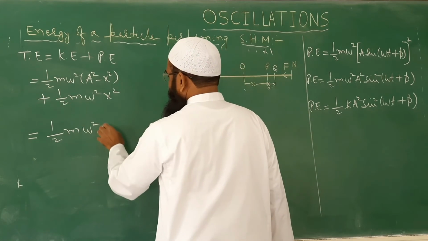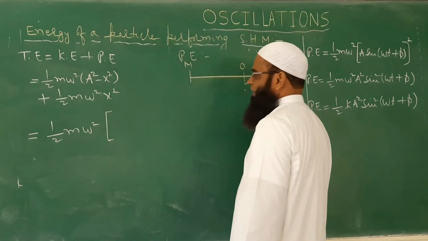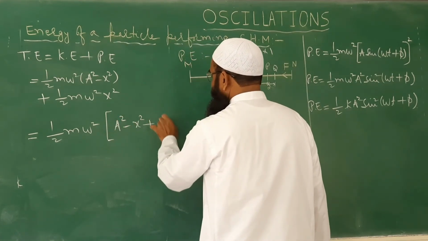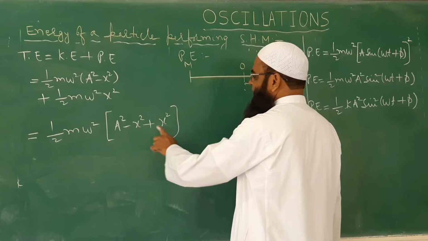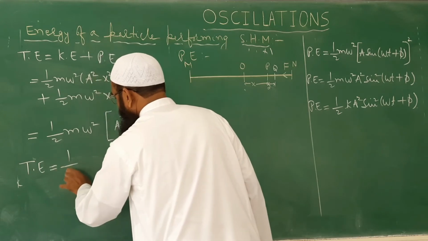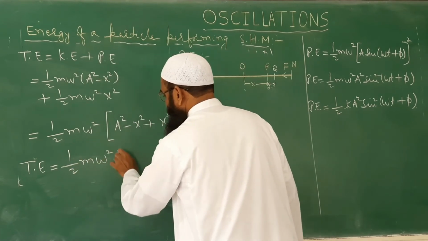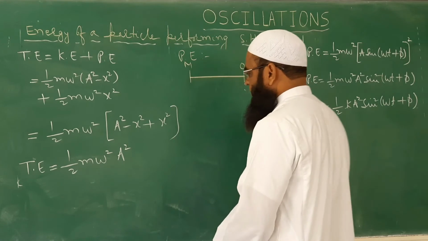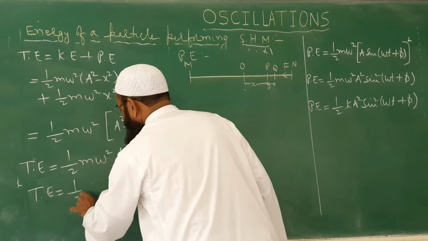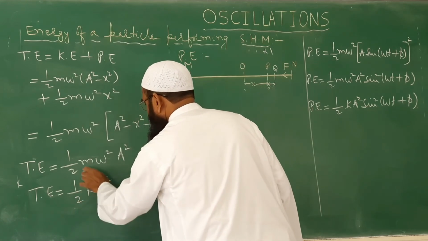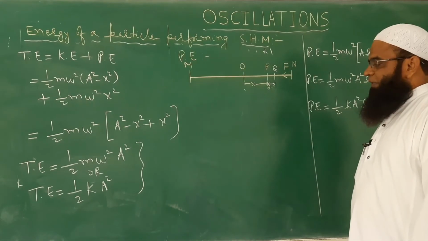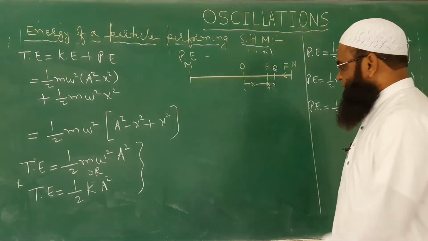If we take it common, what remains in the bracket is a square minus x square plus x square. Minus x square plus x square get cancelled. We get total energy equal to half m omega square a square, or in terms of k, half k a square. This is the total energy of the particle performing simple harmonic motion.